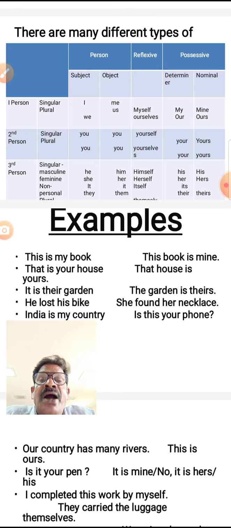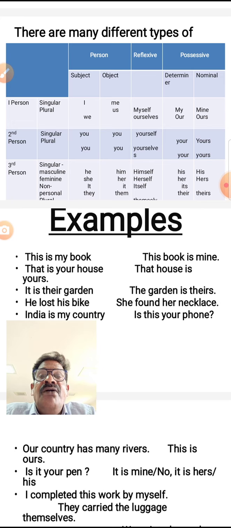Right. And now let us come to the next column, that is called possessive pronoun. This is something which determines. First person singular, my.